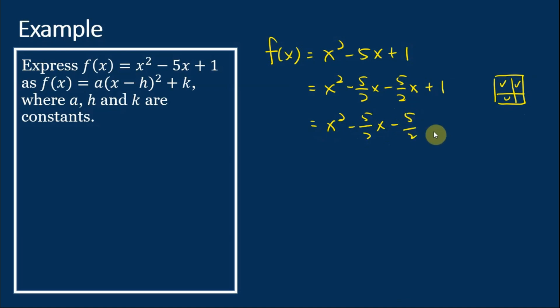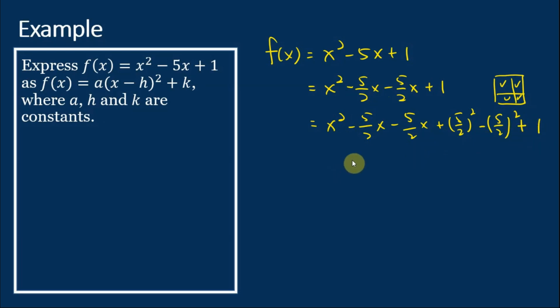Then we need to add 5 over 2 squared into this expression to fill up the small square here. And then we need to minus the 5 over 2 squared so that the expression remains the same, because when we minus, these two become 0. So the value of the expression remains the same as before. And don't forget the plus 1 here. We still have a plus 1 here.